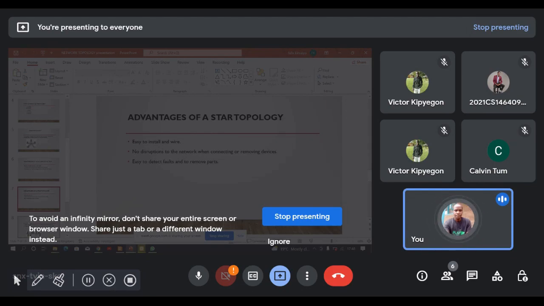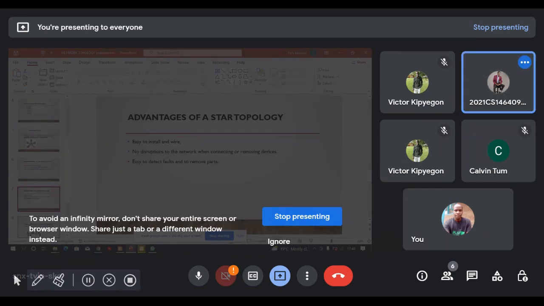Nick, kindly, can you read for us the advantages of star topology? Okay, one of them is easy to install and wire. Number two is no disruptions to the network when connecting or removing devices.